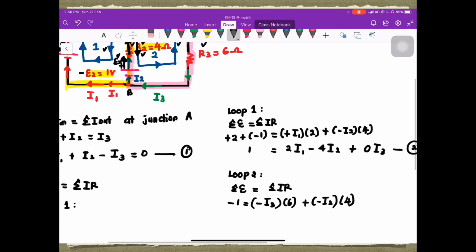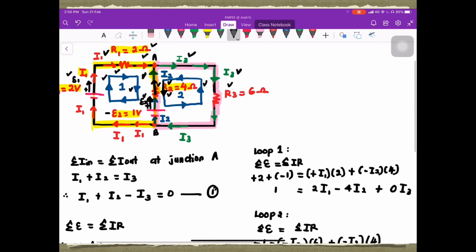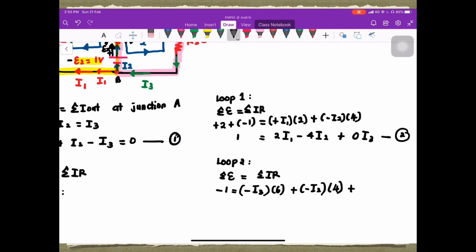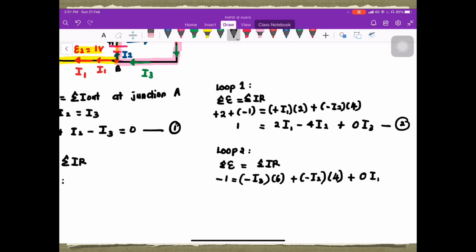Because there is no red I1 for loop 2, we put plus 0 I1. So we get negative 1 equals 0 I1 minus 4 I2 minus 6 I3. This is the third equation.